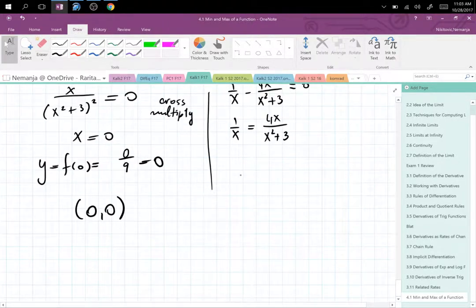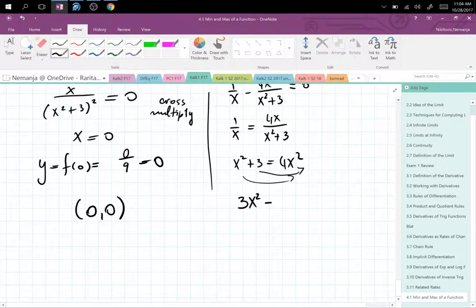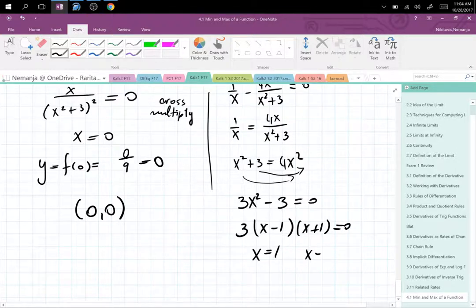Cross multiply again. And move everything to the right. So move these two terms to the right. We get 4x squared minus 1x squared is 3x squared minus 3 equal to 0. Factor out 3. Whoo! We got 1 and negative 1. Beautiful.